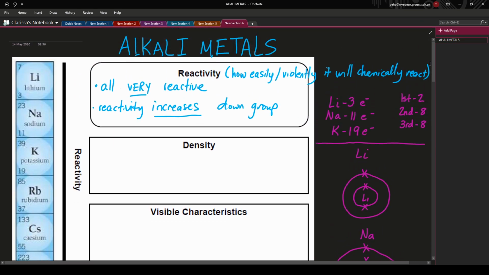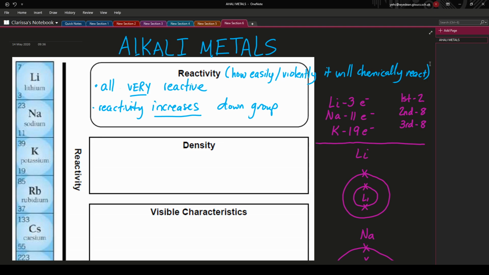Now if you think about this and relate it to the reactivity, now it starts to make a bit more sense. Because since there's 1 extra electron on the outermost shell, it's only just one off having a full shell. All of the atoms, they prefer having full shells because that is when it's the most stable. Because it is completely full, it is satisfied.